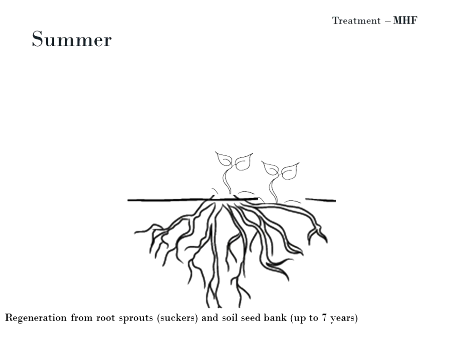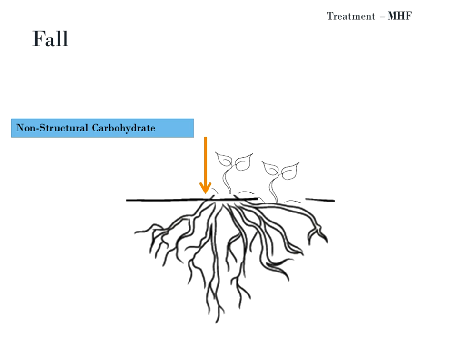In the summer, the root sprouts are still going to be able to regenerate. So we'll get regeneration from root sprouts, such as root suckers or stump sprouts. And then we also have that soil seed bank, which I said earlier can be up to 7 years, so we'll have to come back and control that somehow.